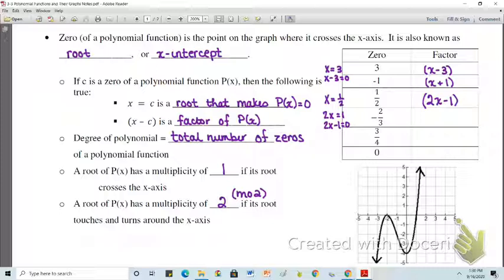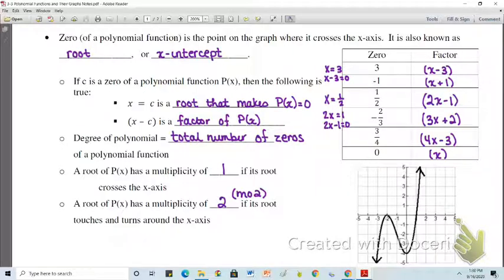So for -2/3, that's going to be 3x plus 2. 3/4 is going to be 4x minus 3. And this is the one people forget. If I have a zero at 0, that means I have a factor, and the factor is simply just x.